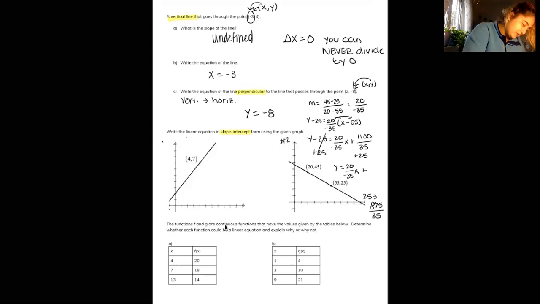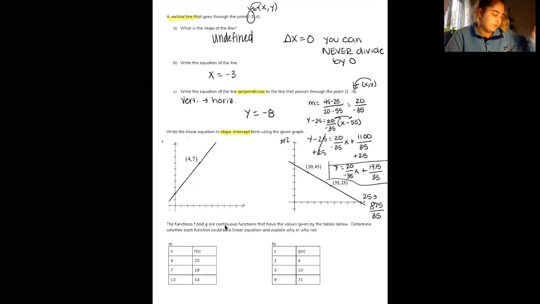Right, so this ends up being, and it's not pretty, it's not cute, it's relatively ugly.